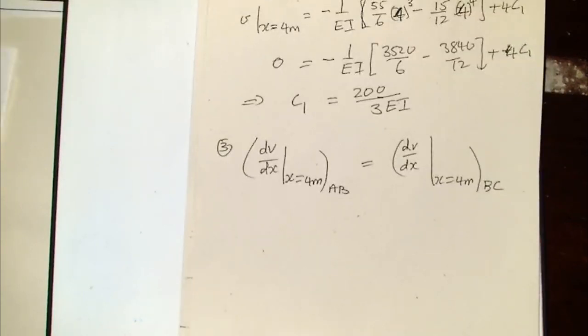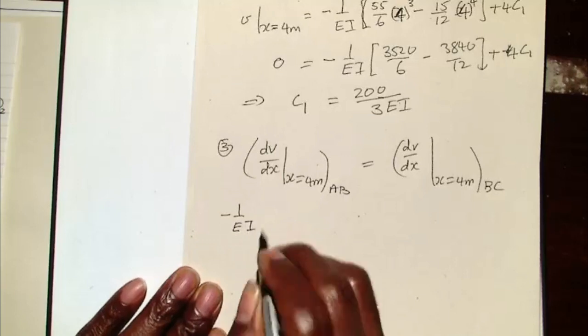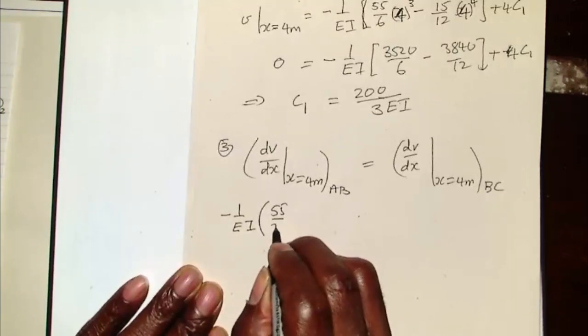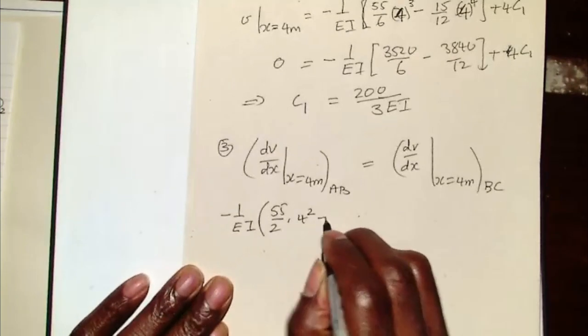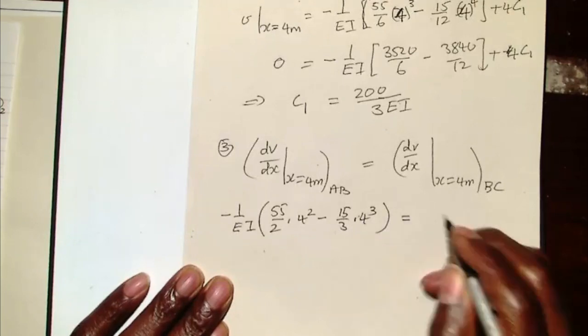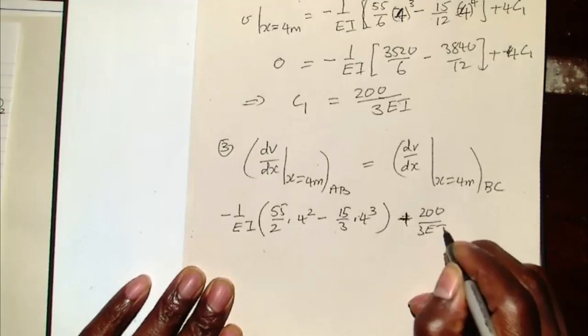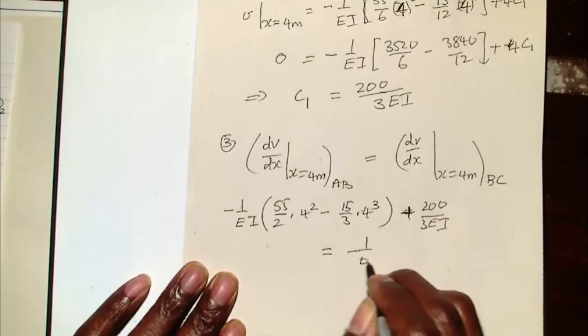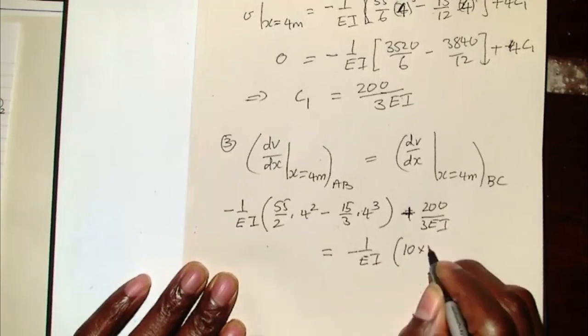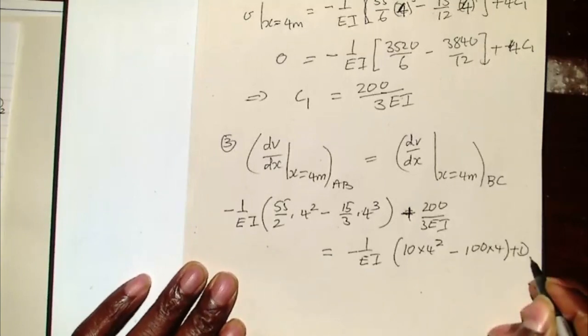So if we are to do that, I can now put that in, and that will give me one of the two constants, D1 and D2. If I did that, what I would get would be minus 1 over EI, 55 over 2 times 4 squared minus 15 over 3 times 4 cubed, plus 200 over 3EI, equals minus 1 over EI, 10 times 4 squared minus 100 times 4 plus D1.